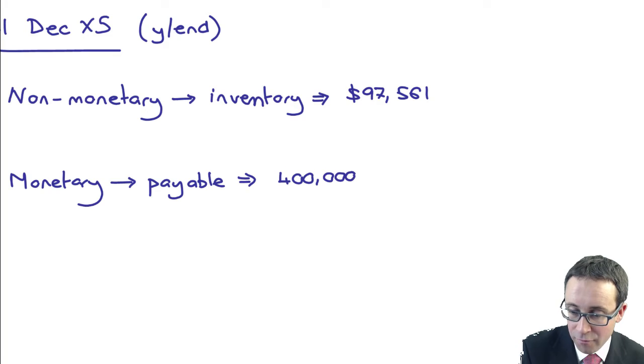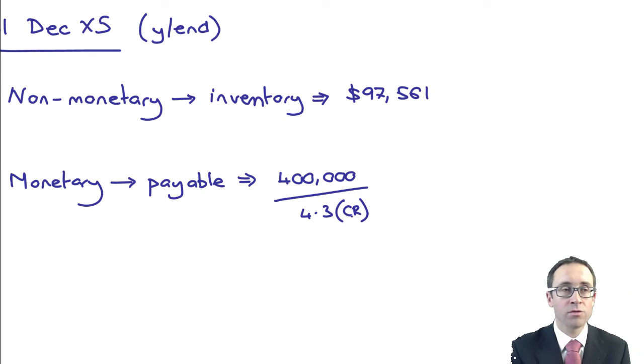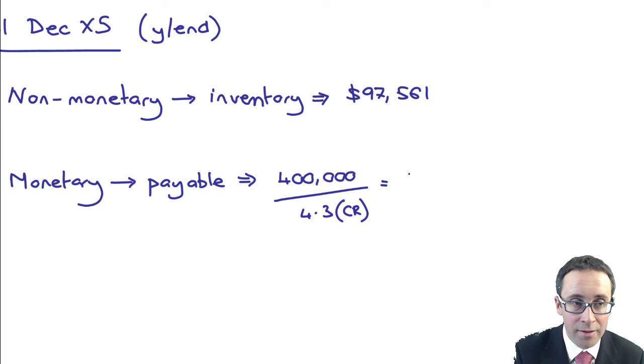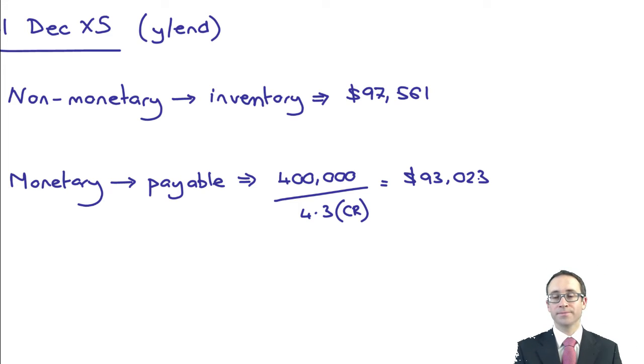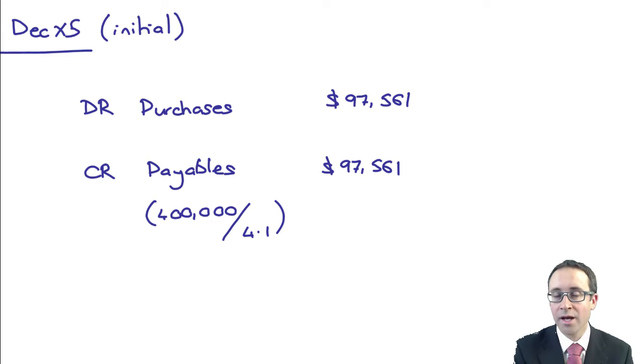We retranslate that 400,000 at the closing rate, which I think was 4.3, wasn't it? So my payable at the end of the year needs to be 93023, doesn't it? Okay. Previously, it was 97561, wasn't it?